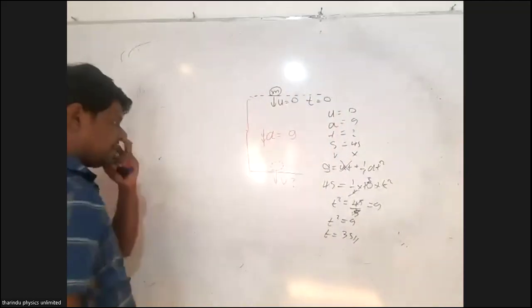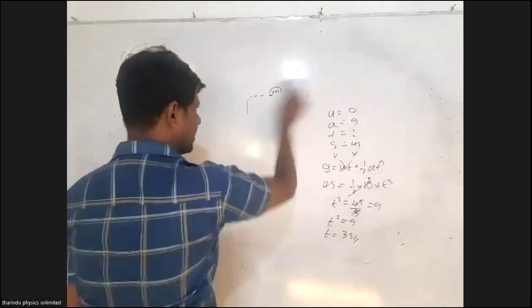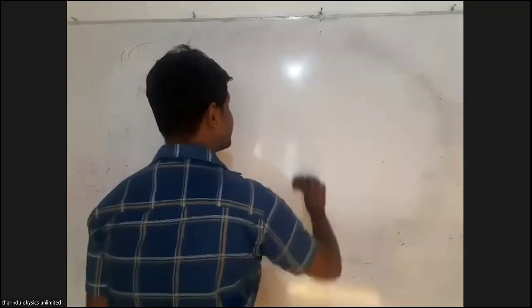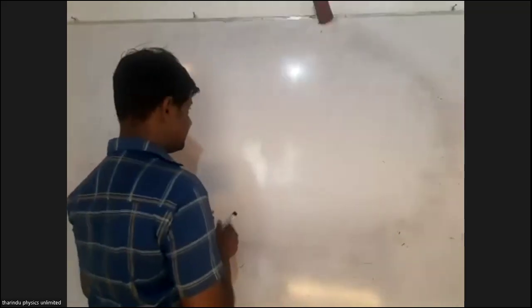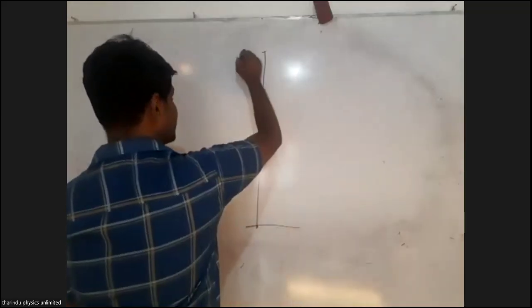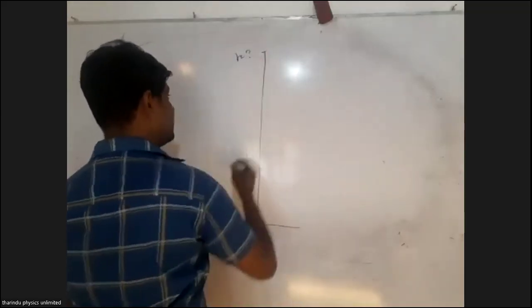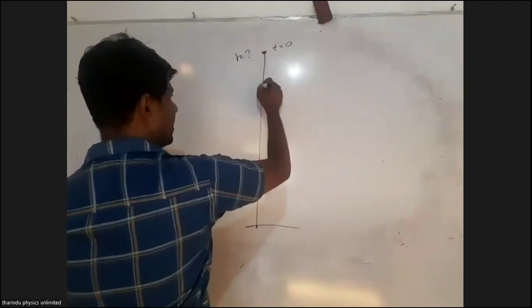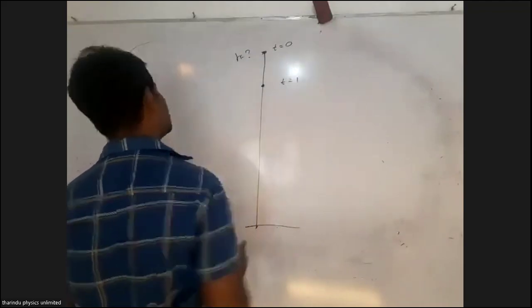Now let's consider how this motion takes place in each second. Consider the motion from a certain height: at t equals 0, and at t equals 1 second.